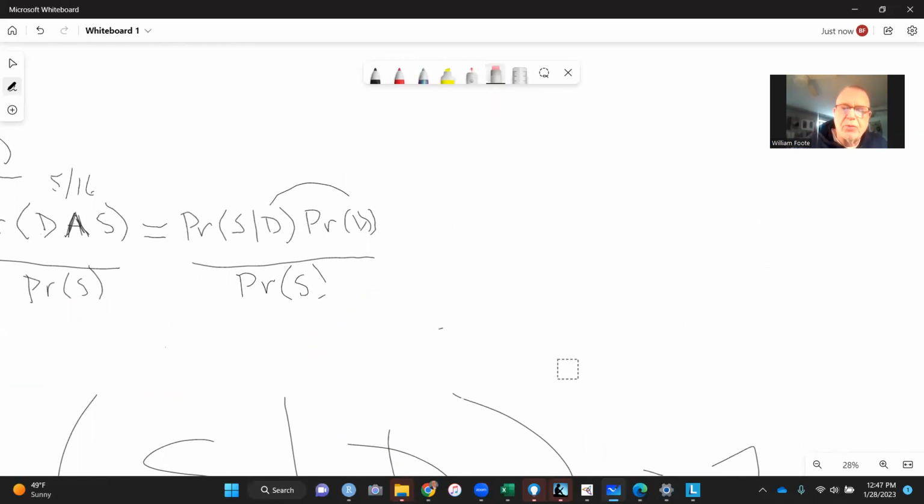Give myself a little bit more real estate here. It ends up that this is Bayes' rule. And it's also the law of inverse probability.